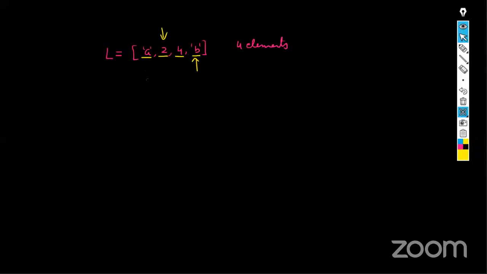So guys, once again, I am going to rewrite this structure in a big space: A, then 2, then 4, then B. So this is a list. How many elements are there? 4 elements. And as per the numbering used in Python programming, this is at location number 0. In Python, the counting of location numbers, the address, always starts with 0. So this A is stored at the 0th location.